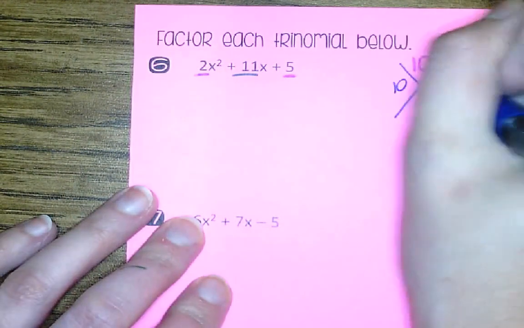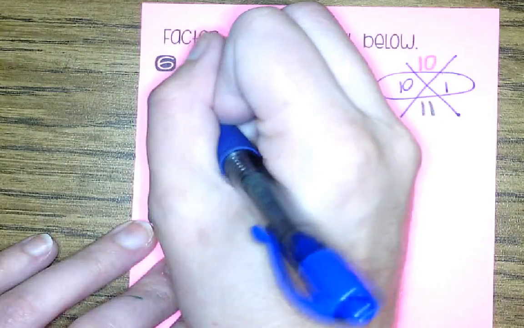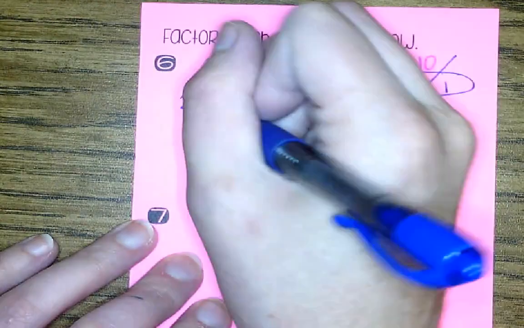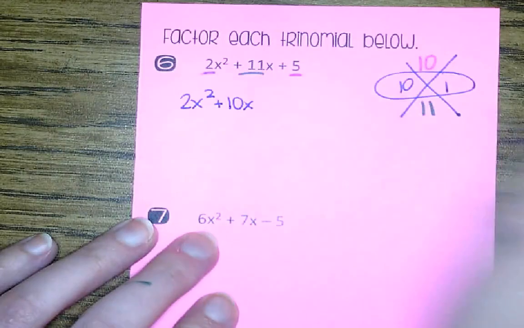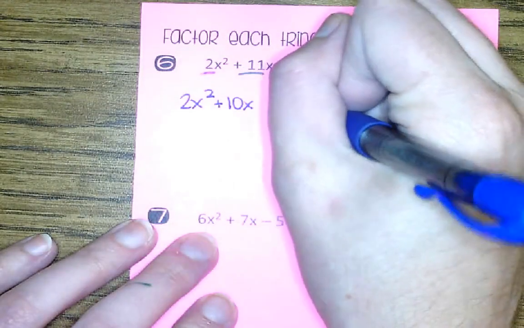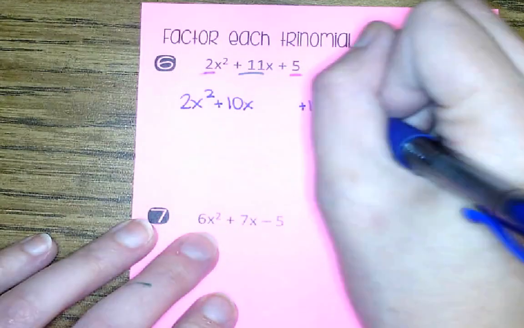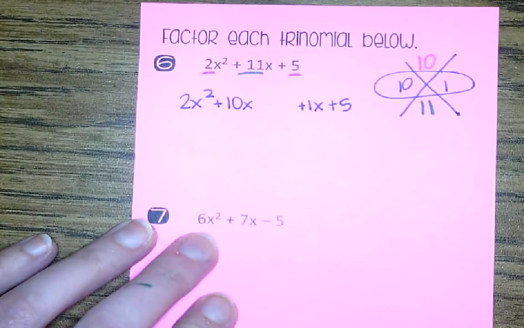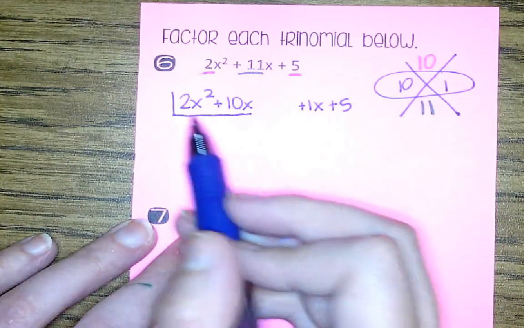So guys, now when you have that leading coefficient, you must factor by grouping. So I'm going to say 2x squared plus 10x. And then I personally like to give myself some space, plus 1x plus 5. All right? And then we go here, and 2x squared plus 10x.